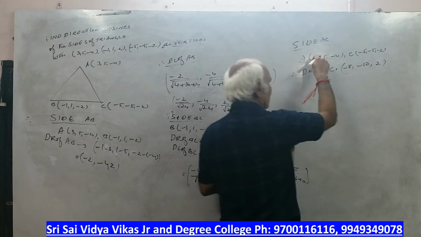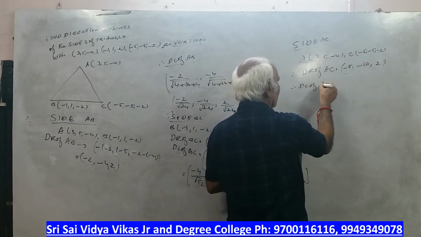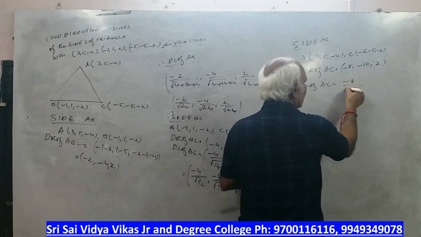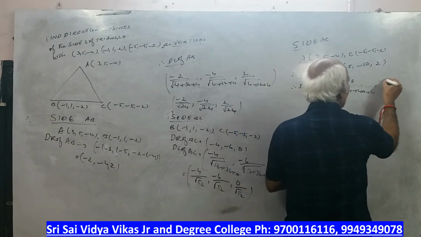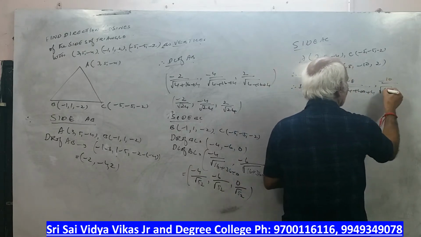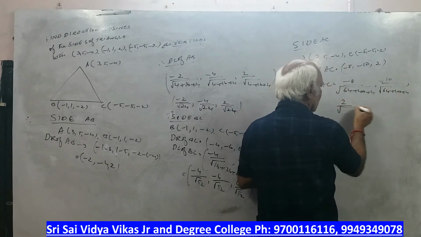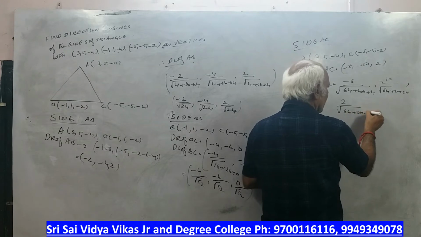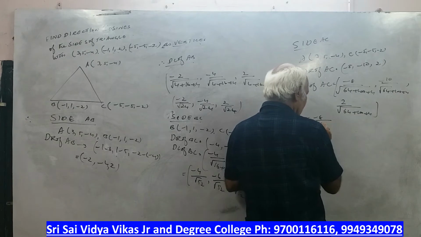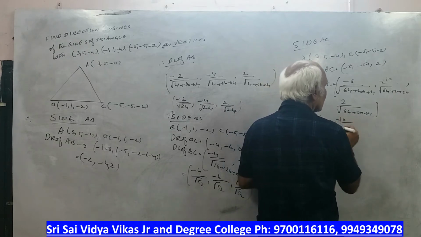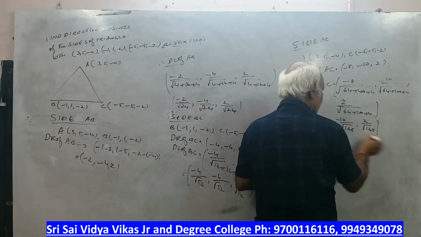Therefore, DCs of AC: minus 8 by root of 64 plus 100 plus 4, minus 10 by root of 64 plus 100 plus 4, 2 by root of 64 plus 100 plus 4. So what will happen? Minus 8 by root 168, minus 10 by root 168, 2 by root 168.